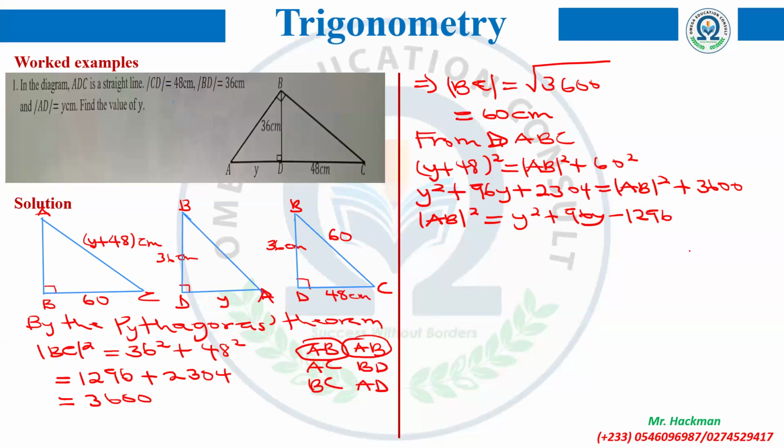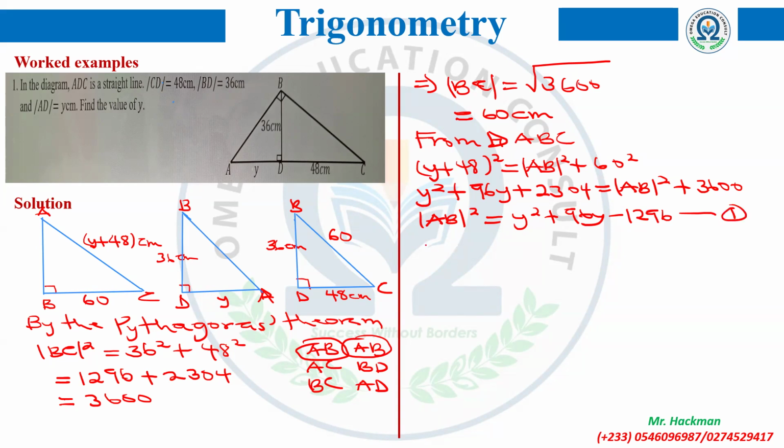Yes, please. Is that not it? So that is the AB squared. And here someone will say, maybe let me take the square root of that so that I'll get AB. I will advise, don't take the square root. You can still work with AB squared, because this one too, you can still get your AB in terms of squared, and you equate. So I'm going to call this equation 1.